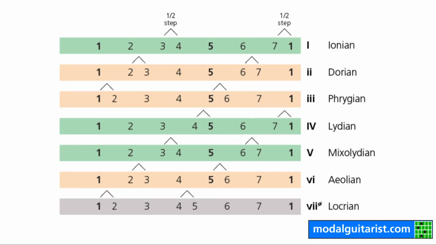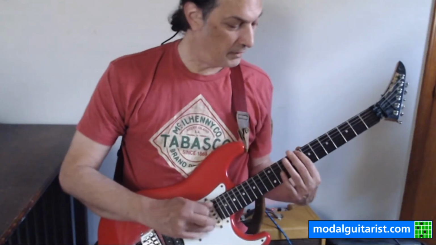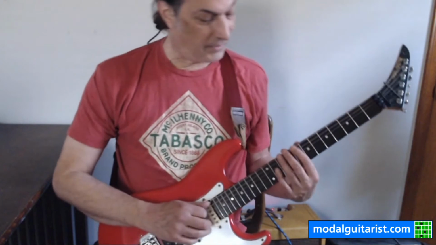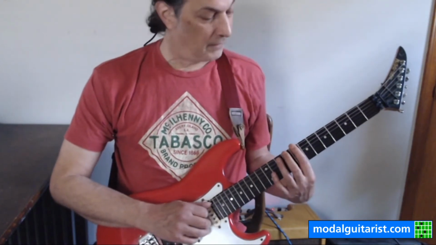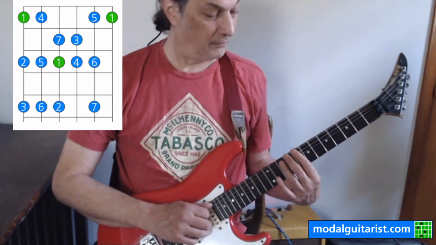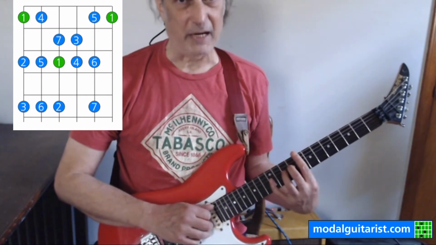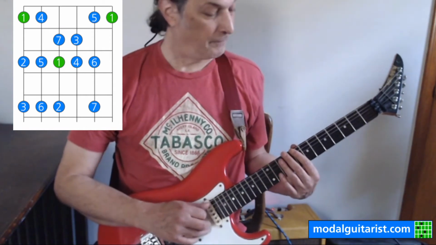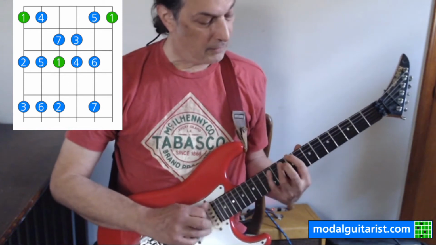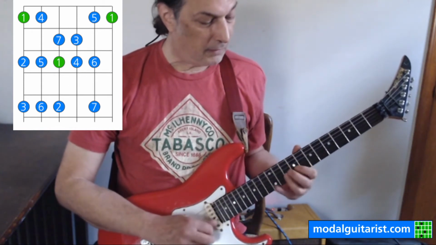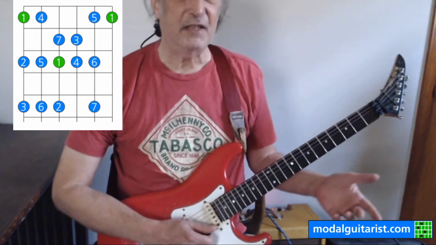Now, as with the C Ionian, we started with the C, and that was at the 8th fret on the 6th string, first finger, which a lot of times people will call a 6-1 shape, 6-1 form. Now, you could just as easily start that anywhere you want.